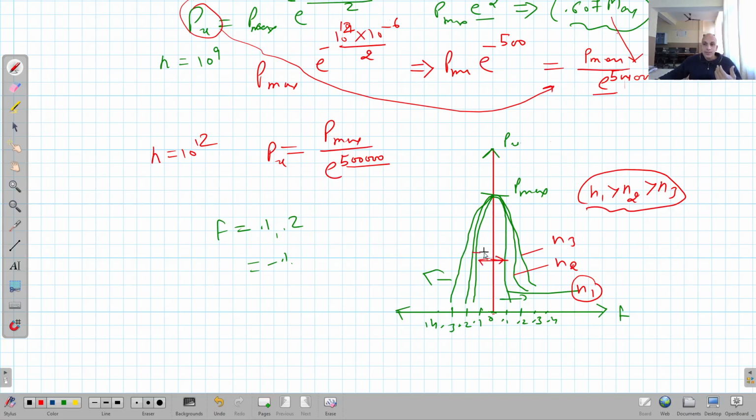N2 is small compared to n1, so the graph is a little wider. Similarly, in case of n3, it is wider still. So it is clear that as the number of particles is large, there are very low chances of fractional deviation from the state of maximum probability.